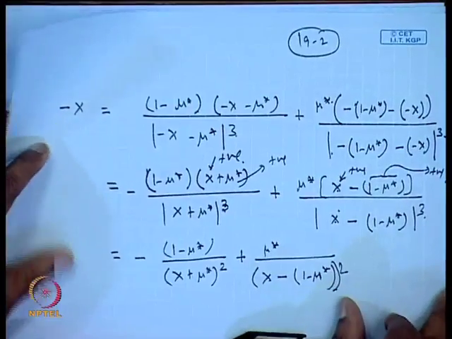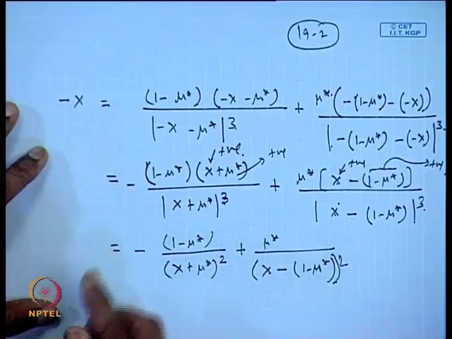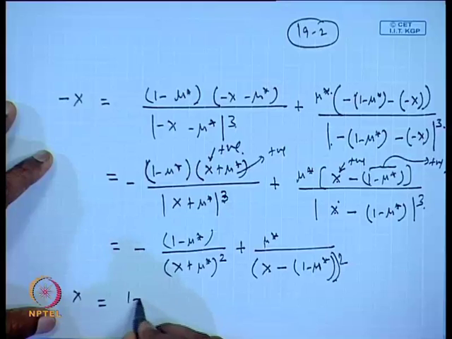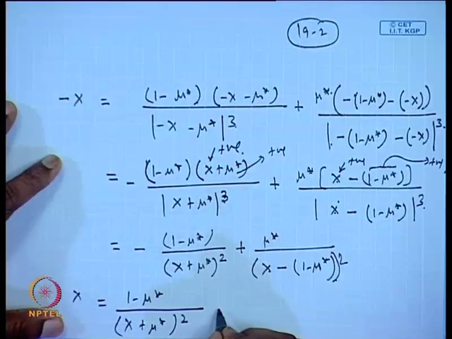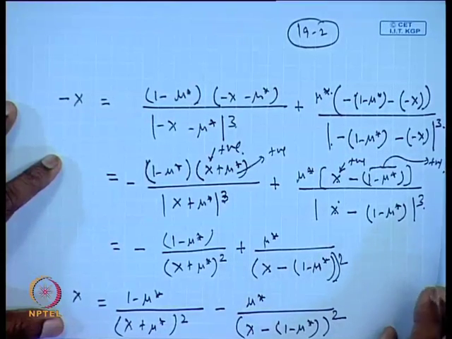This facilitates our derivation of the equation, and if you remember what we did, we cancelled the negative sign on both sides. So, ultimately the equation gets reduced to 1 minus mu star divided by x plus mu star whole square minus mu star divided by x minus 1 minus mu star whole square.